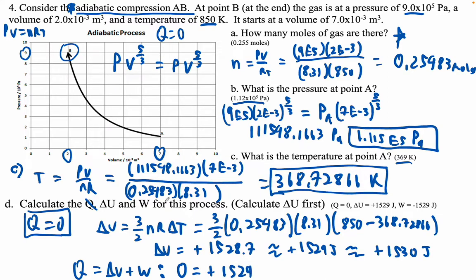So we know that the internal energy increases by positive 1529. Therefore, the work done has to be negative 1529. And you know that pushing a piston in is negative work. The gas is doing negative work. That is, we're doing work on the gas. Okay? So therefore, our work is negative 1529.